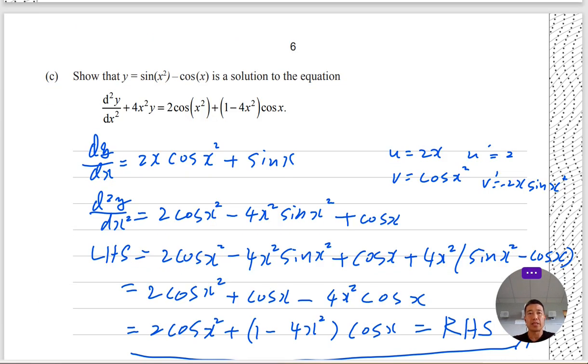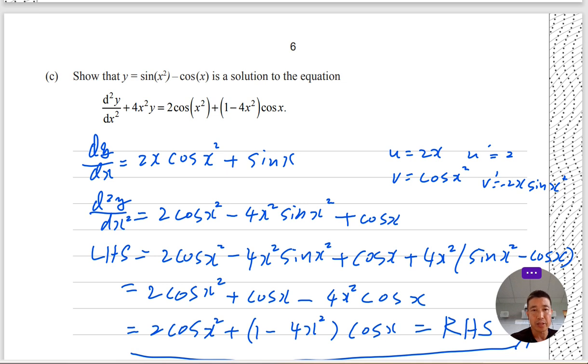Okay, question C. Show that y equals sine x squared minus cosine x is a solution to the equation d squared y over dx squared, so the second derivative, plus 4x squared y equals that. So obviously you have to find the second derivative.